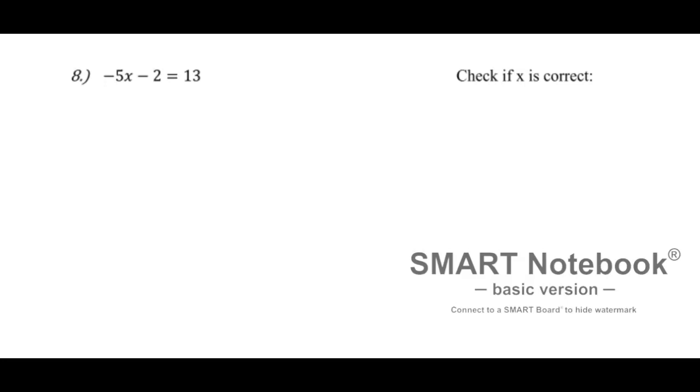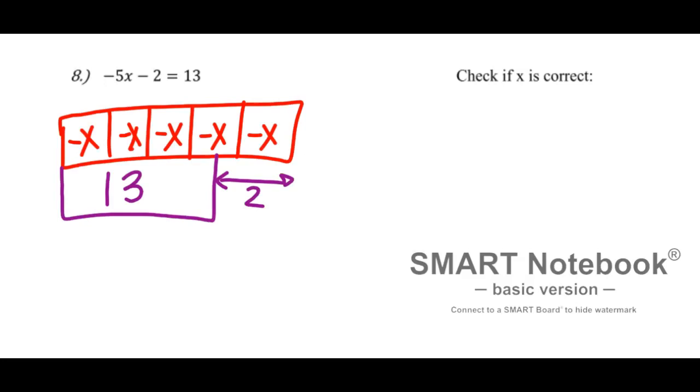And look at that. Okay, number 8 has negative x's on it, so I wanted to go over that one with you together. We are subtracting 2. It's equal to 13, so we're going to have a box of 13 and empty space of 2. So all together, what's this equal to? This whole space, I'm hoping you said 15.